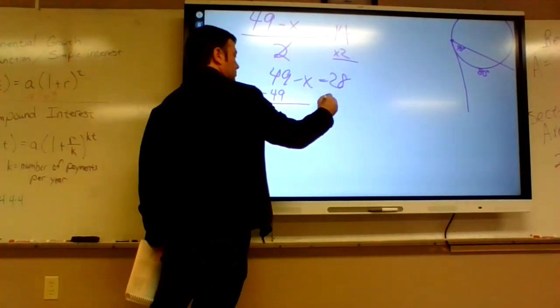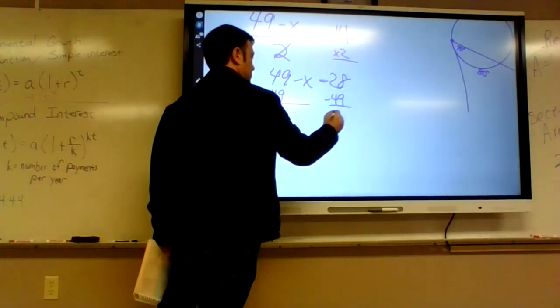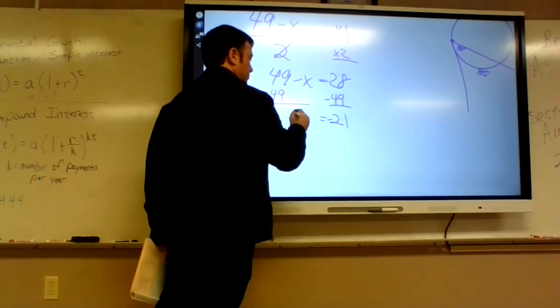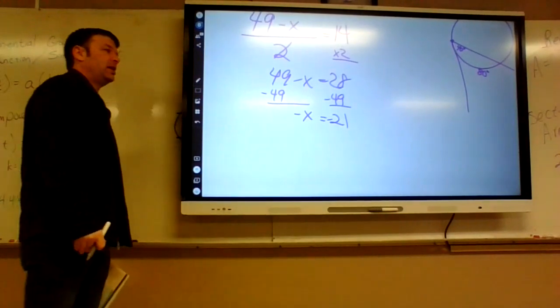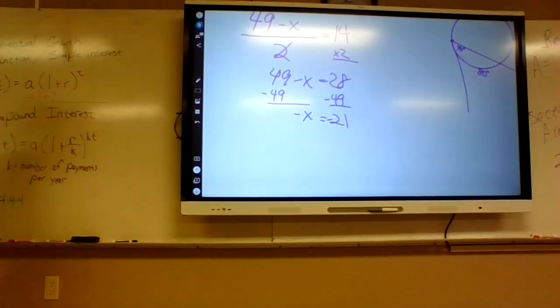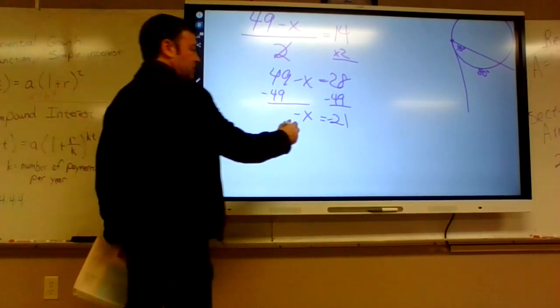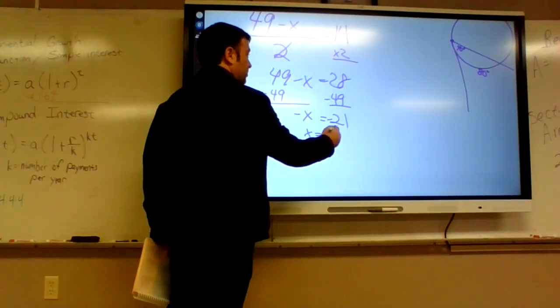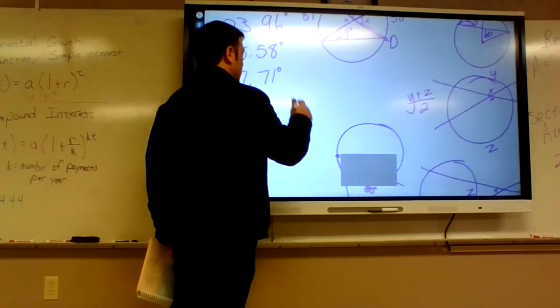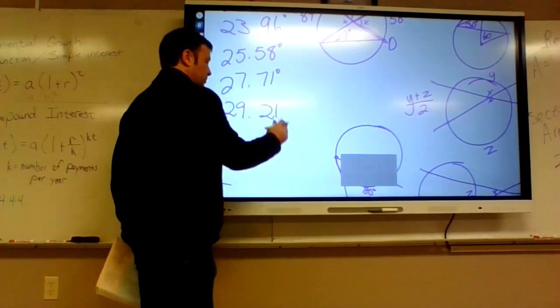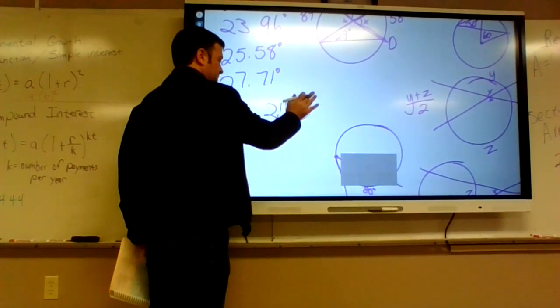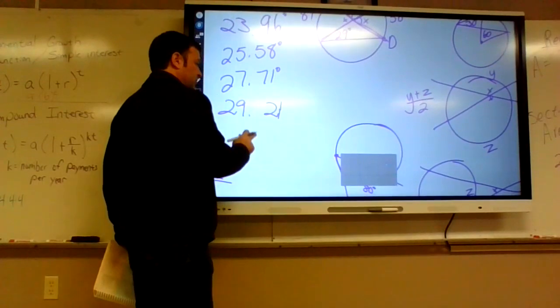And then you get negative 21 divided by negative 1. It's not x equals negative 21, it's negative x equals negative 21. So that means x is 21. Anyway, that was our 29.